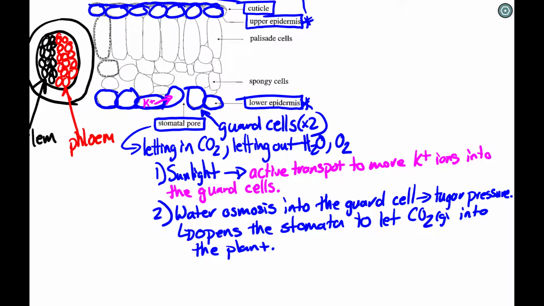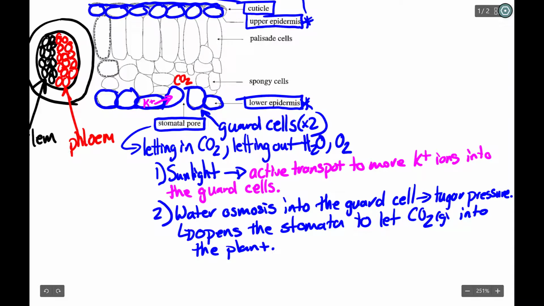Now, if it has enough water and enough CO2, it can do photosynthesis. So all of these things work together when there is enough of each for photosynthesis: sunlight, carbon dioxide, and water.